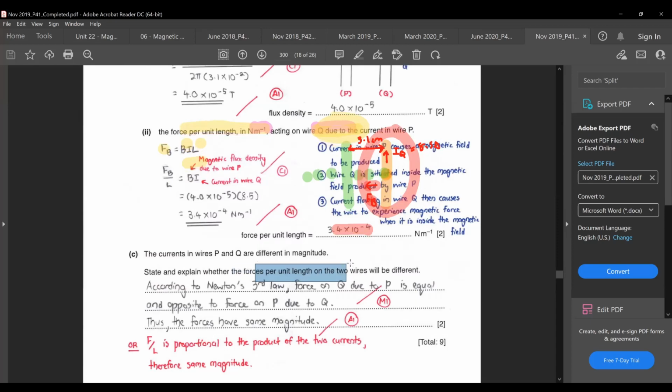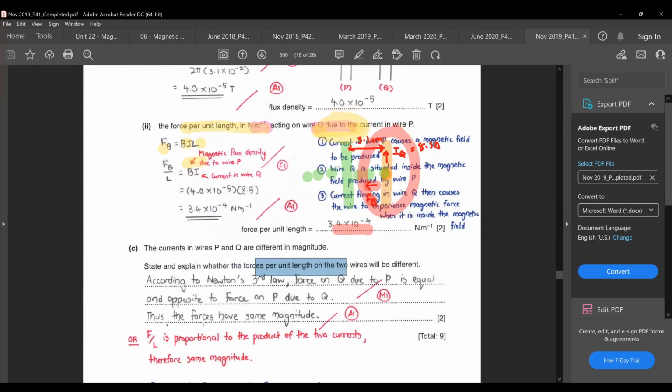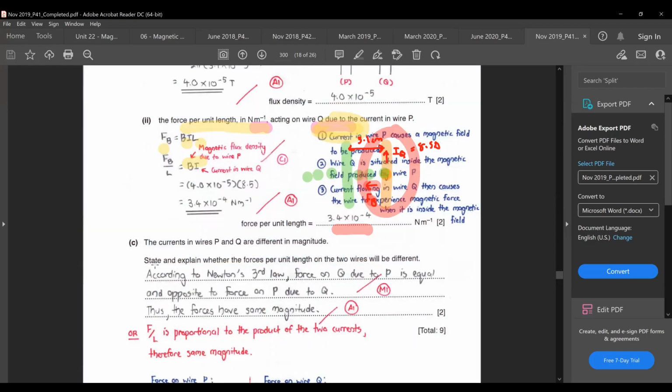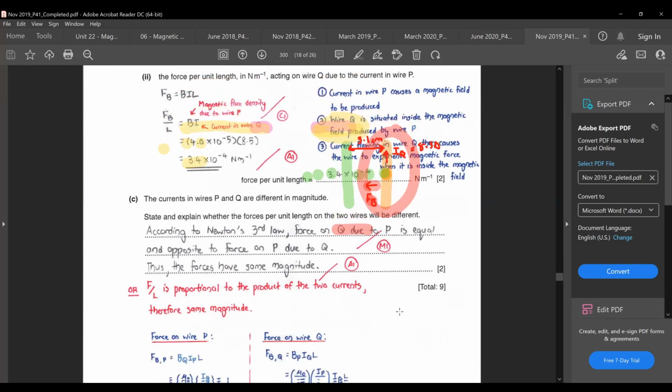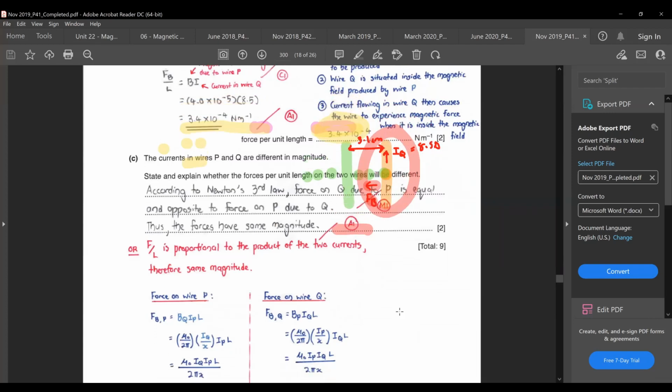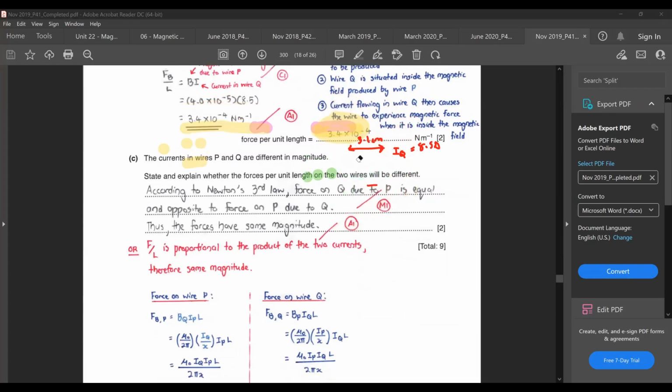Would they each experience a different force? So just now I mentioned to you earlier, the forces will always be the same because of Newton's third law. So you can just say something along these lines. According to Newton's third law, force on Q due to P is equal and opposite to force on P due to Q. Thus, the forces have the same magnitude. Okay, so this one is the easiest one to say.